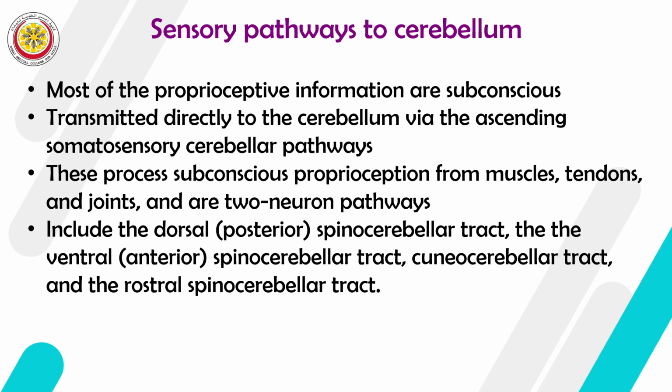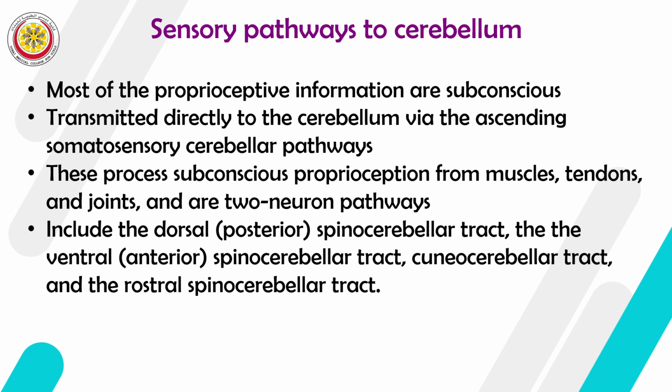But we didn't take the pathway of the spinocerebellar. You already know, I'm going to tell them in the next slide. But I wanted to mention that there are not only two. You already know the dorsal and ventral, but maybe you have not heard about the cuneocerebellar and the rostral spinocerebellar. These are important because they combine pathways or tracts from the upper limb.